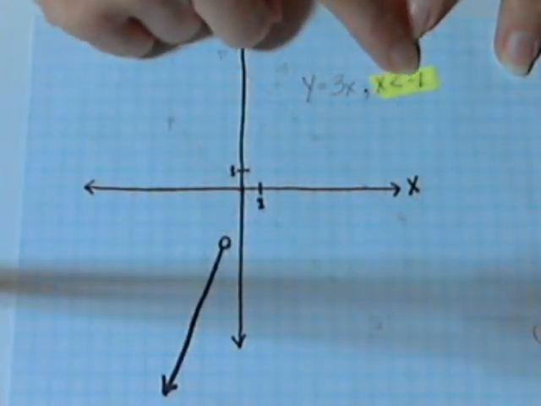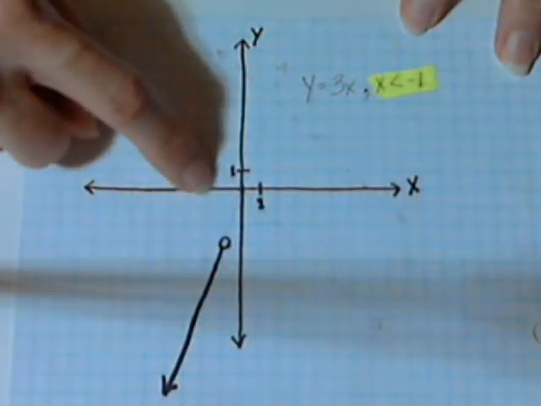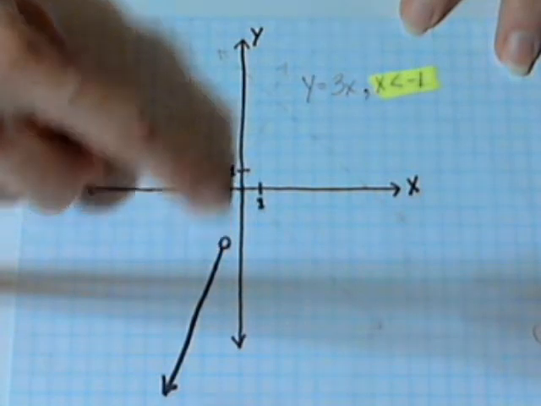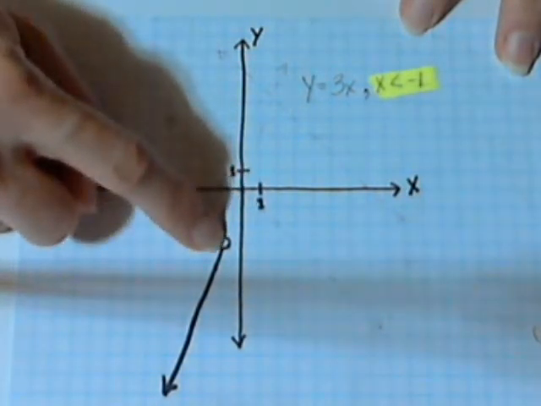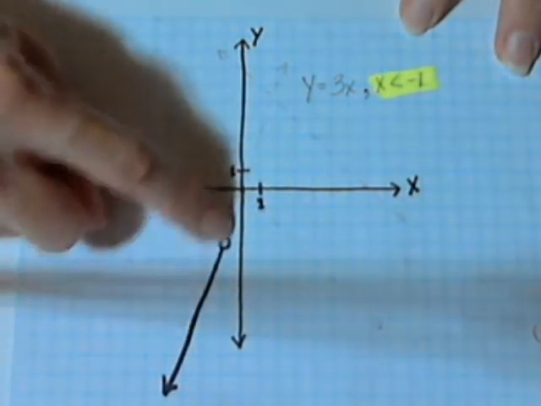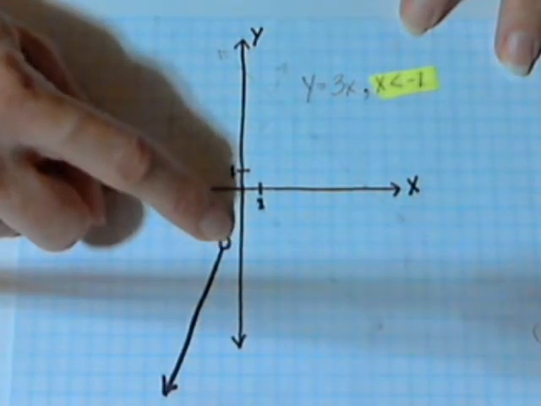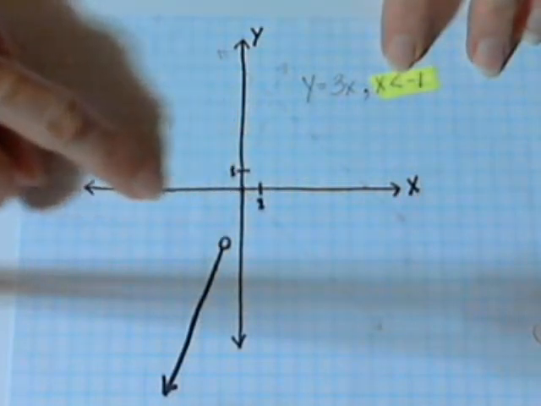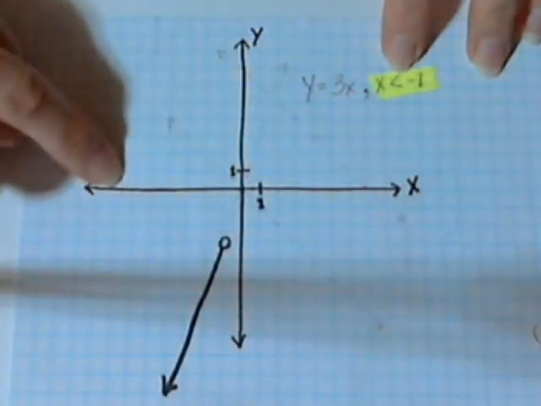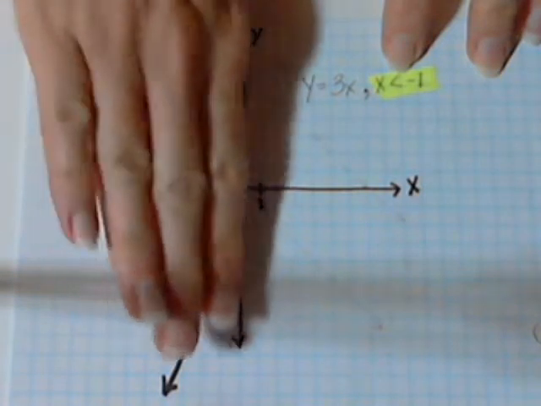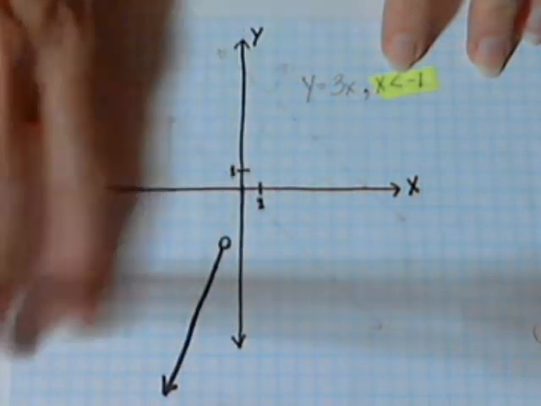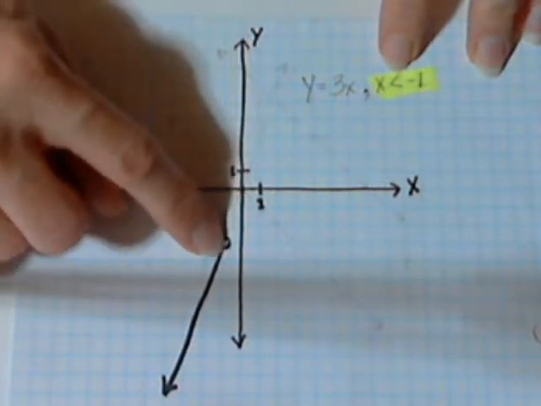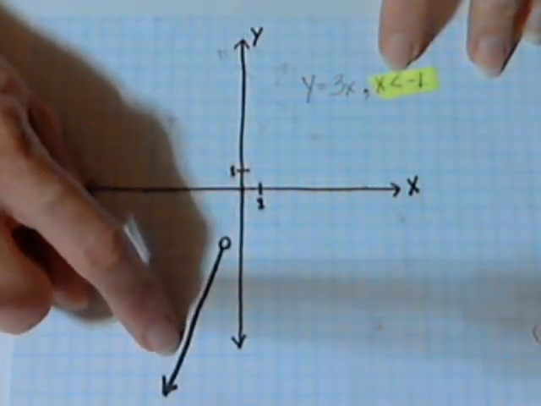We find where x is negative 1 along our x-axis, and move along our line until we get to x equals negative 1. That's where I want to begin to keep. And it says less than, so that will be to the left. Here's our negative 1, less than, so that will be an open circle. And so we keep this portion of the line. So this is permanent.